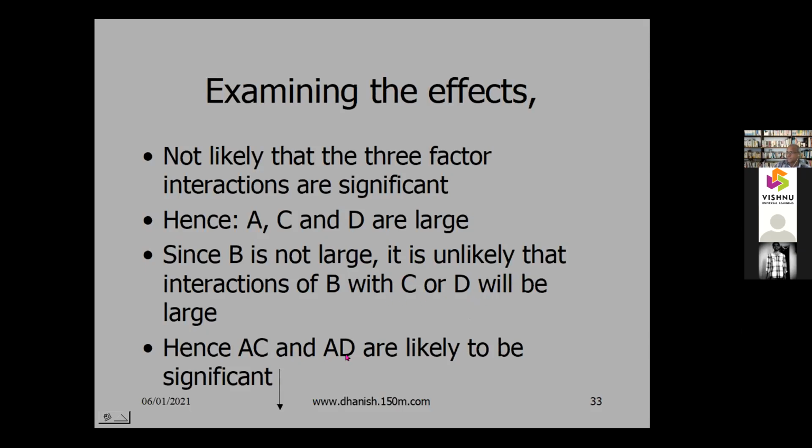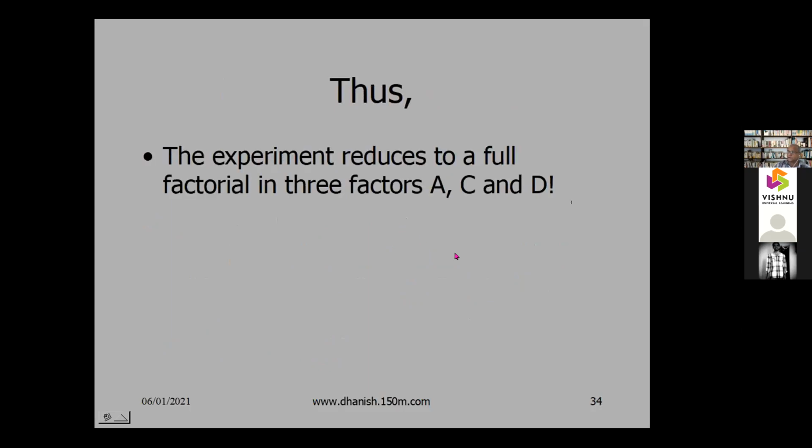So AC and AD are likely to be significant. Therefore, the experiment reduces to a full factorial in three factors, A, C, and D. That is the beauty of the fractional factorial experiment. B is not significant, and if all interactions of B with A, C, and D are not significant, then it becomes a full factorial.